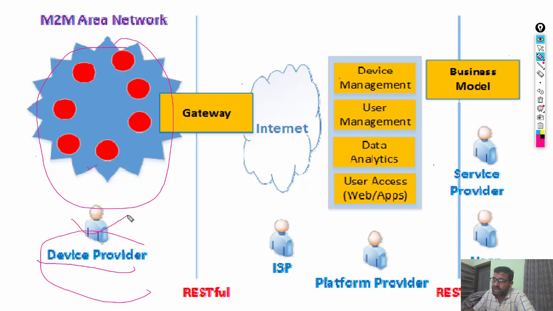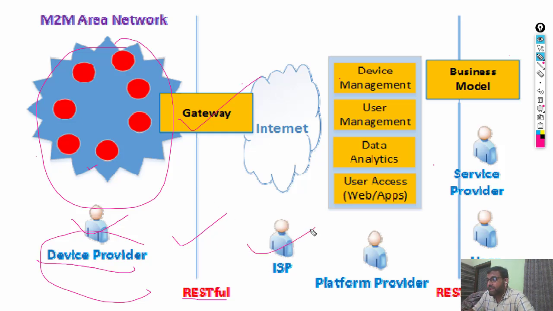This person provides us the node, and all the machine to machine computing nodes are going to be connected to the internet with the help of a gateway and a RESTful architecture. The RESTful architecture is going to provide the interface between the IoT node and the internet with the help of the gateway.